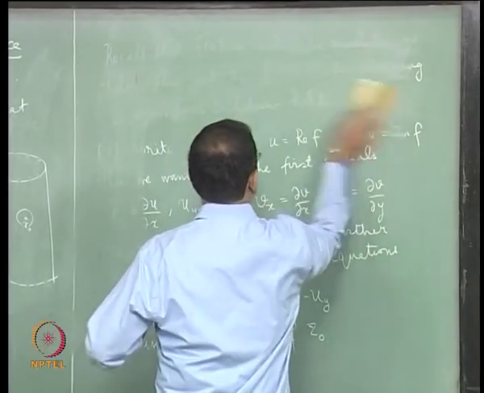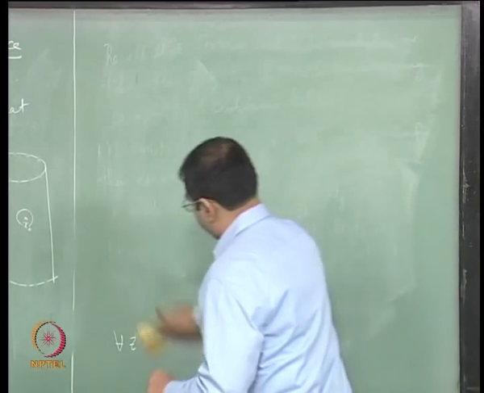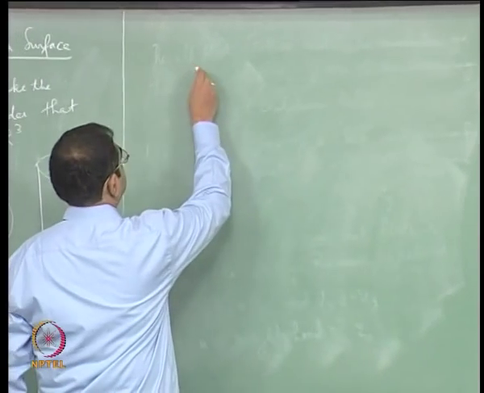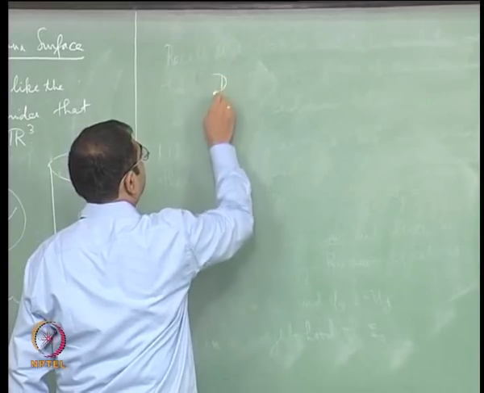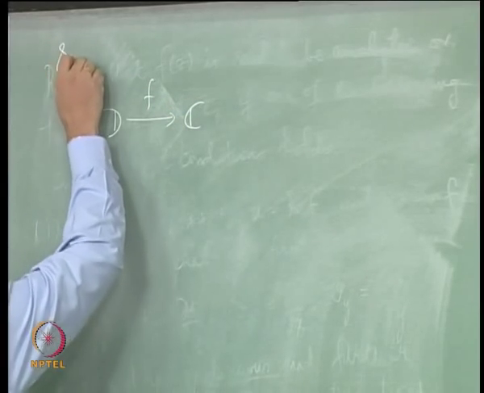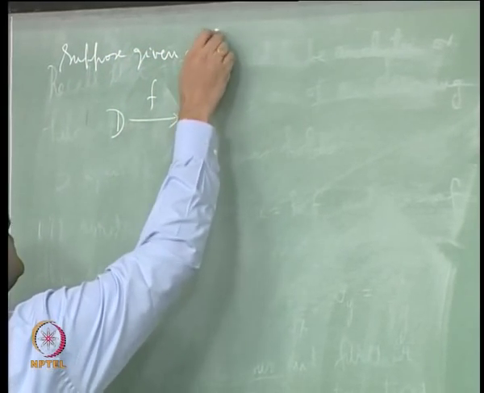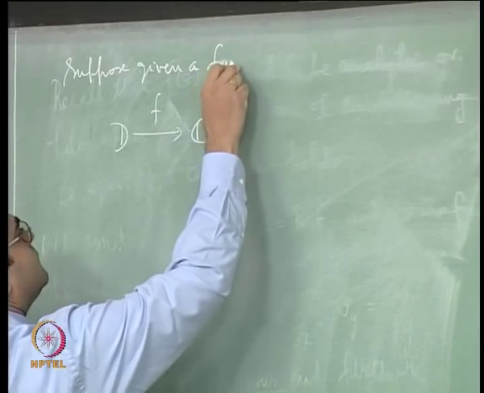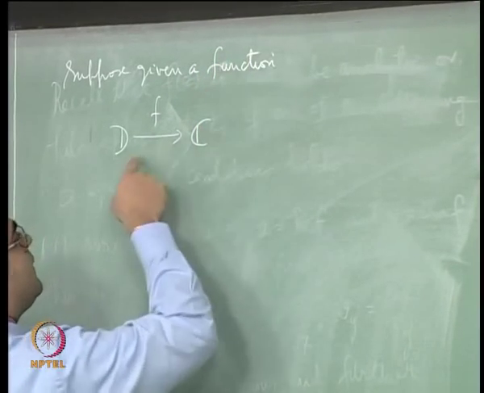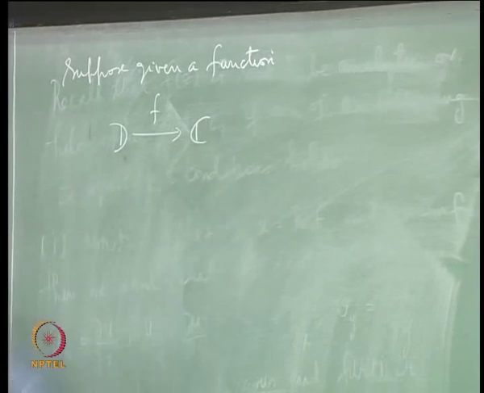And what is it that I want to do? Suppose you are given a function f from this disk-like neighborhood D to C. So it's a complex valued function.